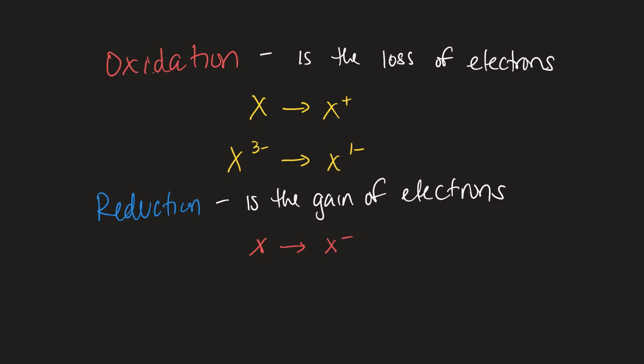Regardless of however you want to look at it, if you go from X 3+ to X +, you notice it gained electrons, so it's been reduced. Or if it's gone from X negative to X 4 negative, whatever the case, it gained electrons, so that substance has been reduced.